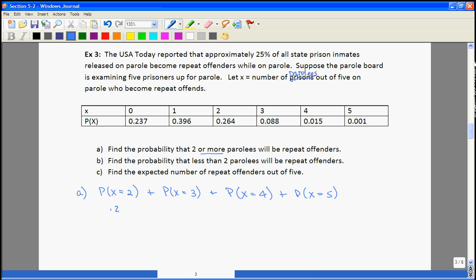So I have 0.264, 0.088, 0.015, and 0.001, and that sums to 0.368. Now, by contrast, if we were asked instead to find the probability that exactly 2 parolees will be repeat offenders, we'd only have to state the 0.264. But when it says more than, then we're adding up 2 and 3 and 4 and 5.